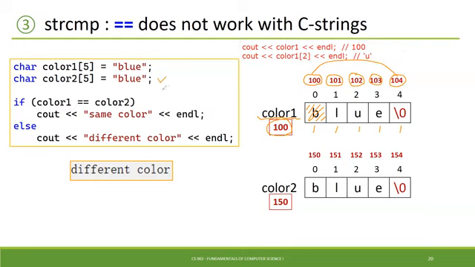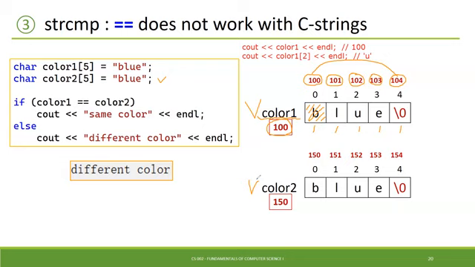And look at this one. I create color2. Color2 has the same data, blue. However, color1 and color2 are different data, right? There is no connection between the two. Color2 is a totally separate C string.